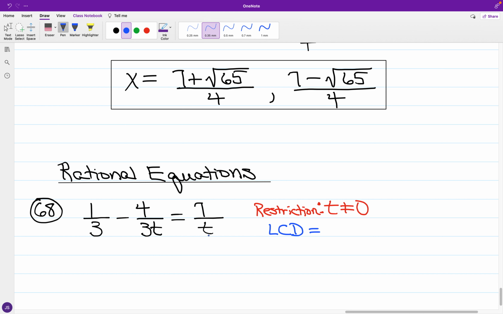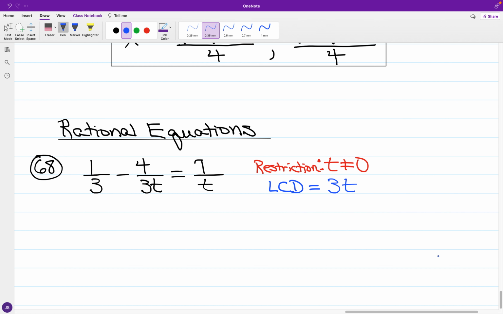That is the smallest number that 3 will go into, so just the number 3, and there's only one variable factor, t, and both appearances of t are first order. So I can clear out the fractions.